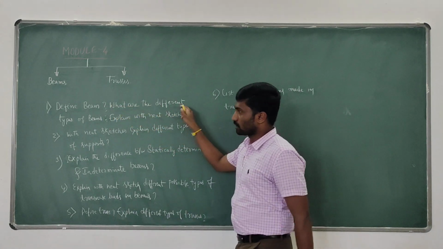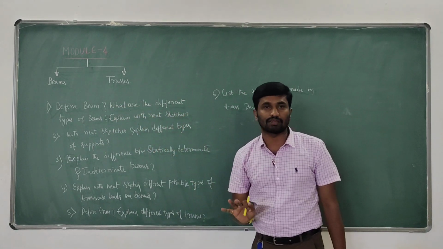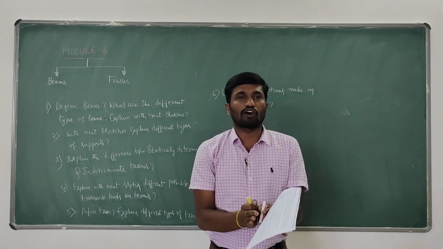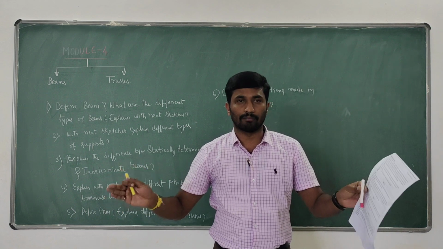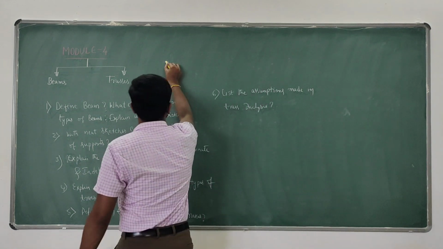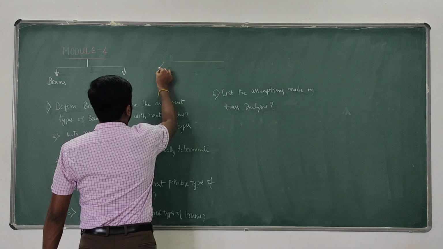Define beam. What are the different types of beams? Explain with neat sketches. A beam is a one-dimensional structural member. What is meant by a one-dimensional structural member?